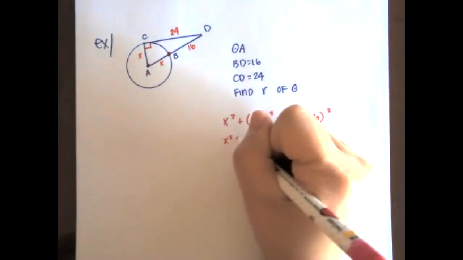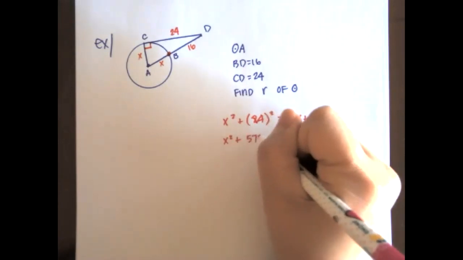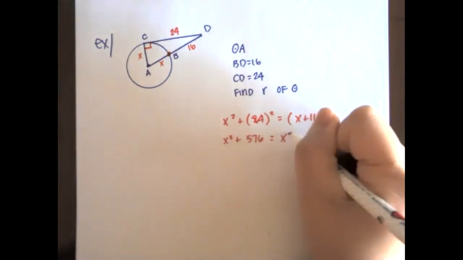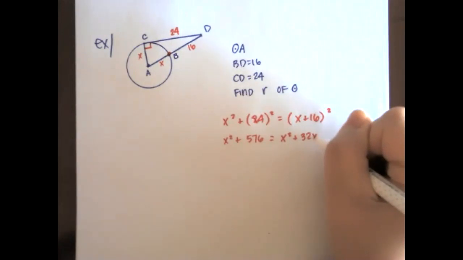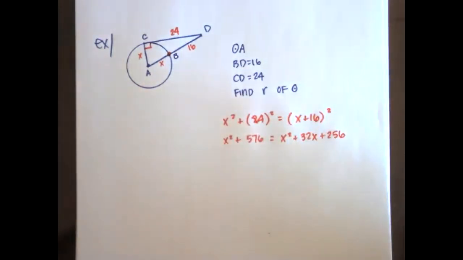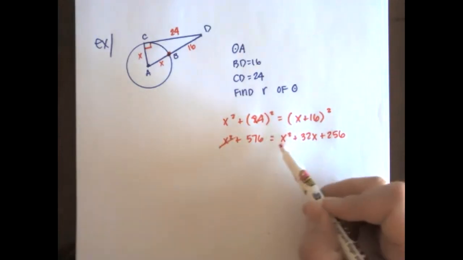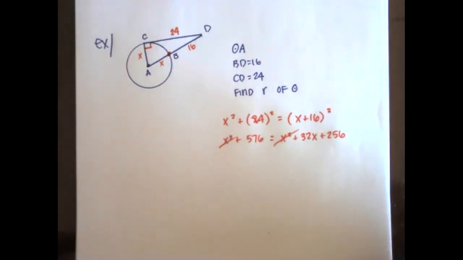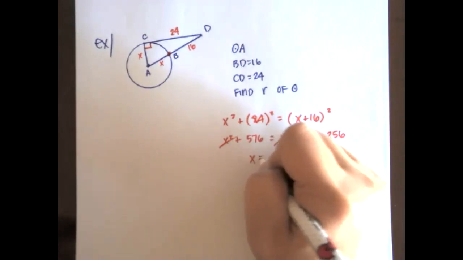So x squared plus 576 equals x squared plus 32x plus 256. Remember, this is a binomial. When you're squaring a binomial, you do need to FOIL that. X squares will cancel out. Solve for x, x equals 10.